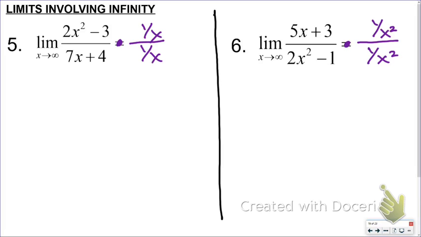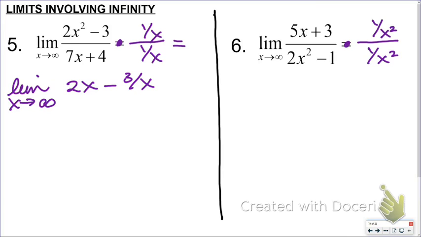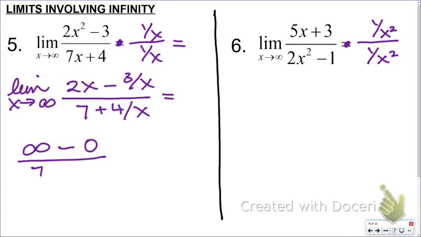Okay, so number 5, I'm going to have the limit as x approaches infinity of 2x minus 3 over x over 7 plus 4 over x. And now when I plug in infinity, I'm going to get infinity minus 0 over 7 plus 0.